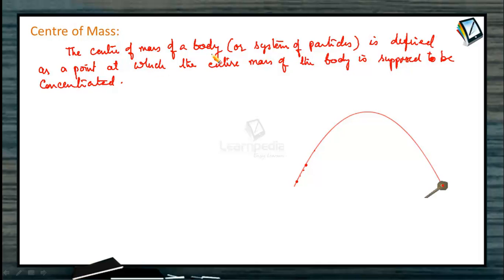So this is the point as shown here. That point is moving as if the complete mass of the body is concentrated here, and every particle is moving around that particular point.